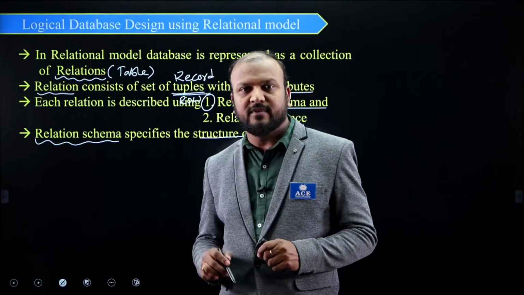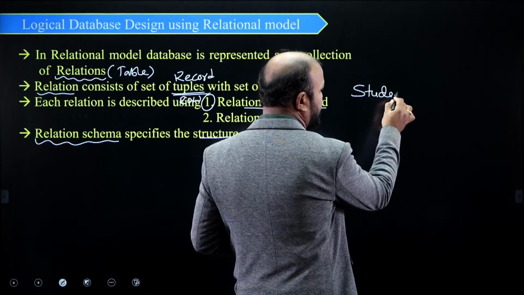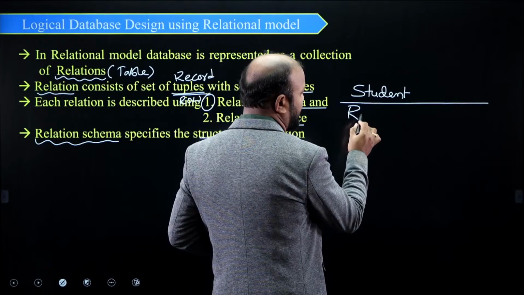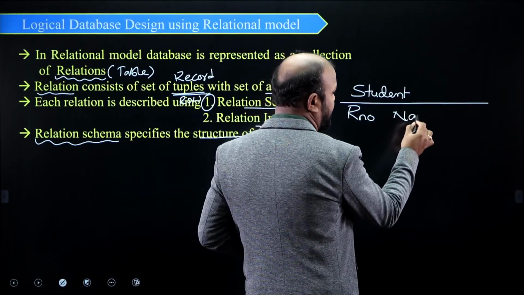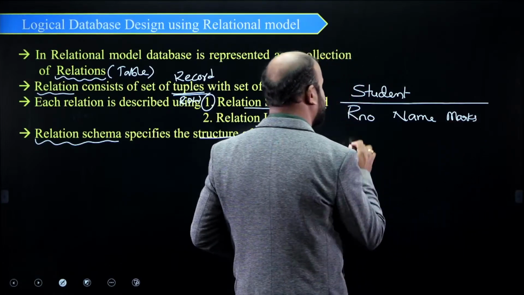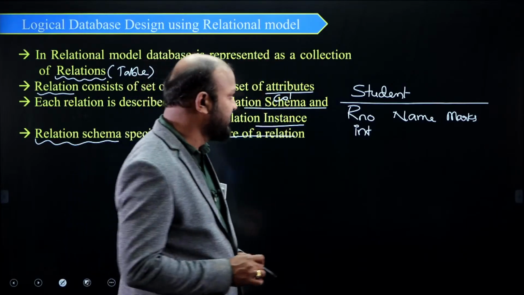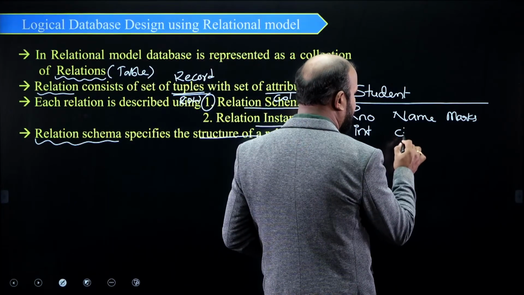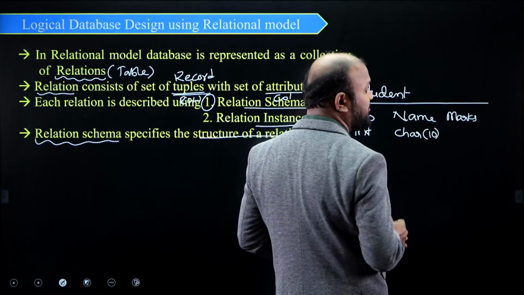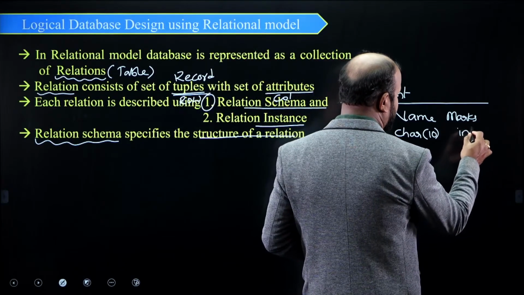Suppose I have a table called student, and the student has some attributes: roll number, name, and marks. Roll number will take values of type integer, name will take a sequence of characters comprising a maximum of 10 characters, and marks is of type integer.